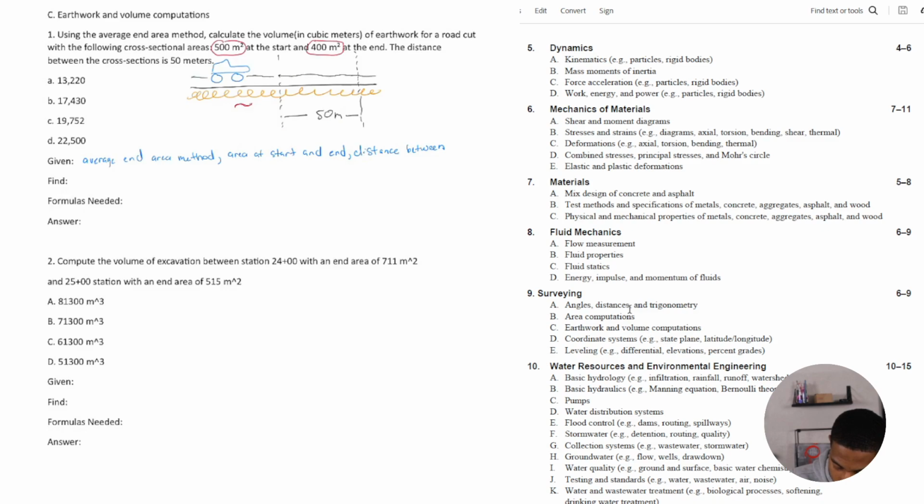We know it doesn't go super far, but basically you're looking at the cross-sectional area of this slice all the way along. And that is going to be your 500 meters squared, 400 meters squared. So you're trying to find the volume of the whole piece, and we're using the average end area method to do so. Okay, so hopefully that gives you kind of a visual of what's going on.